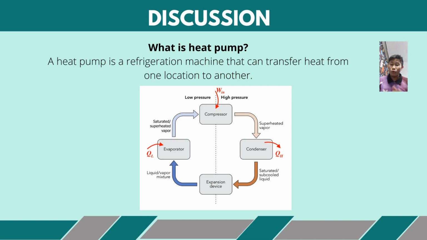They can provide more heat energy than the electrical energy they consume, making them an environmentally friendly and cost-effective option for heating and cooling. Additionally, heat pumps can be used in conjunction with other heating or cooling systems, such as furnaces or air conditioners, to enhance overall energy efficiency.